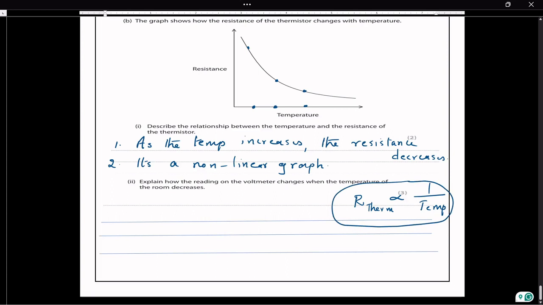So here the room temperature decreases. That means T decreases. Therefore, as the resistance of the thermistor and temperature are inversely proportional, the resistance is increasing.